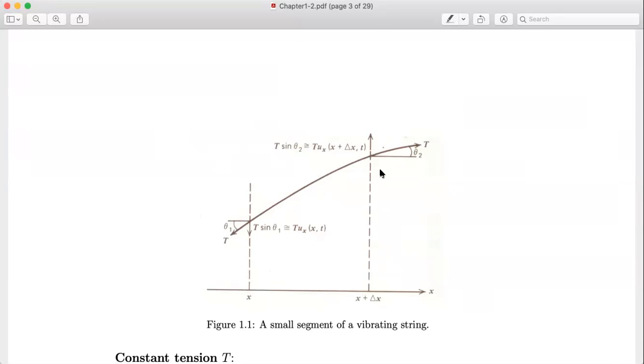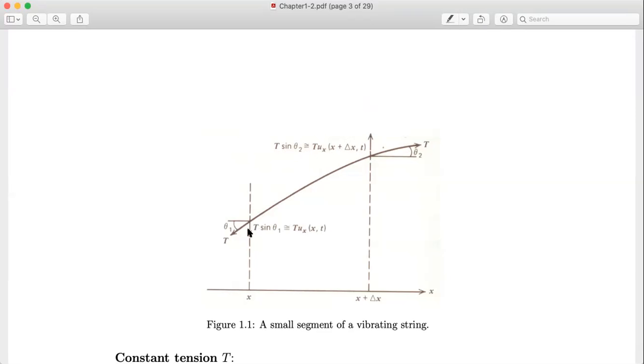Essentially we just apply Newton's second law to this segment. You look at the forces acting in the y direction, because we only allow the string to move in the y direction. The vibration is only in the transverse direction. And then you can see that this is the tension T, and the component along the y direction is T sine theta 2.